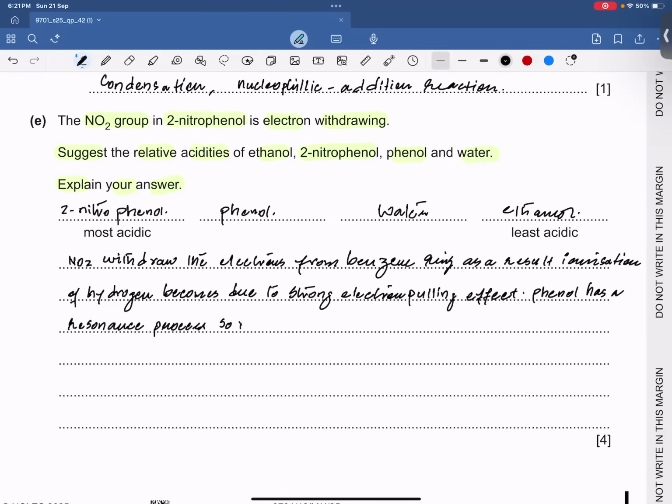So its anion is more stable. So its anion is more stable than water.